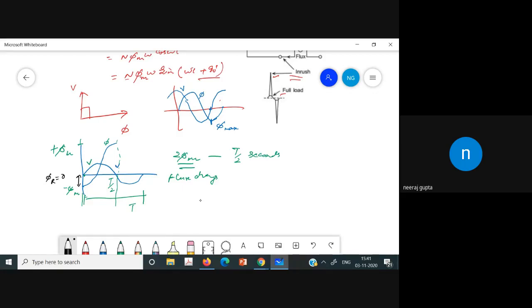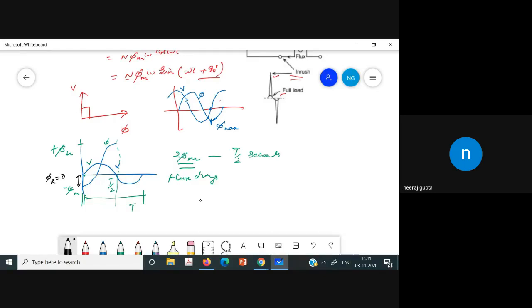That is, the rate of change is 2 phi m in T by 2 seconds. So the flux must have the same rate of change and the same waveform as it has during the steady state. It means that the flux must reach a peak value of 2 phi m.